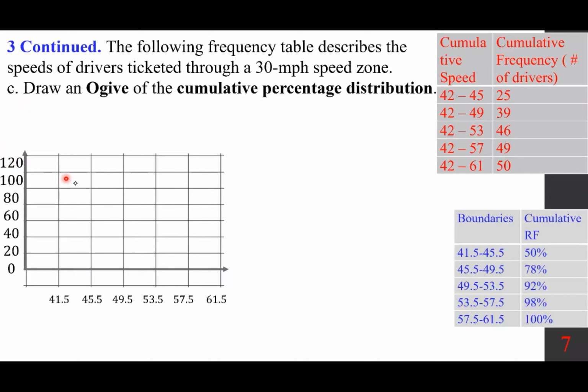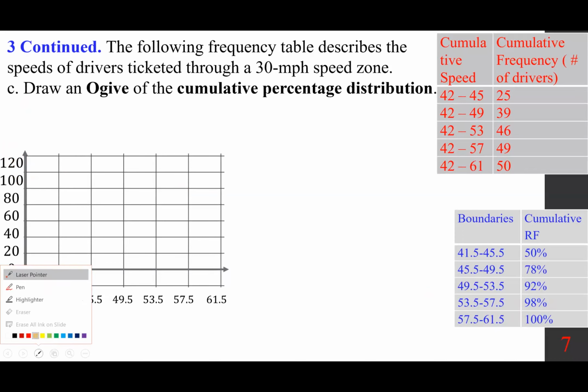So what matters is that I want you to see, and I'm going to erase it and do a better job. The lower boundary of the first class always corresponds to 0. The upper boundary of the last class, 61.5, always corresponds to 100% or 1.